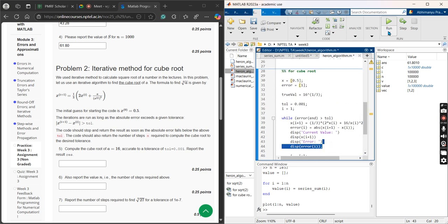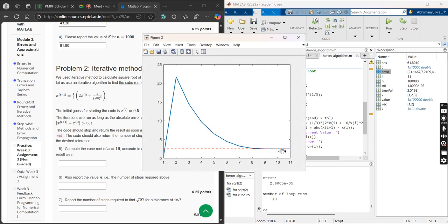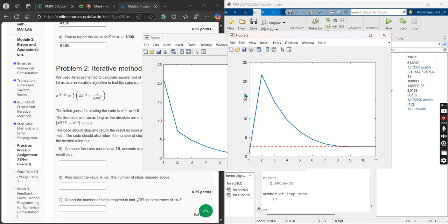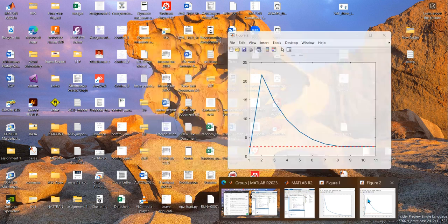So I will run this section now. Yeah, so it has converged after 11 iterations, right? The number of times the loop runs is 10, so it has converged after 10 iterations.